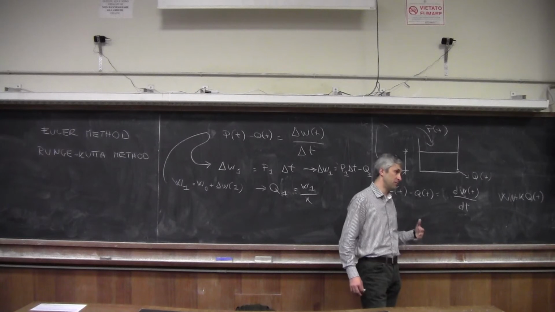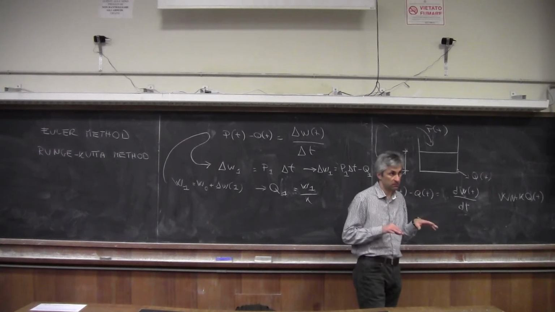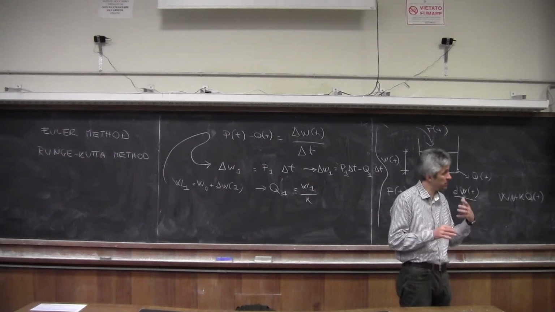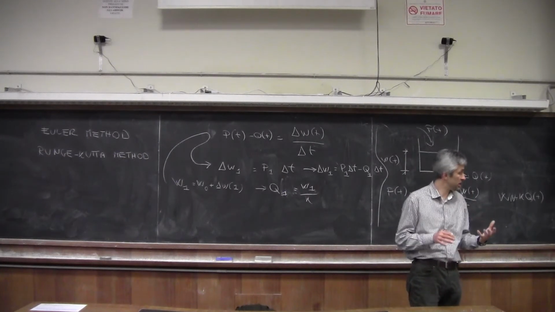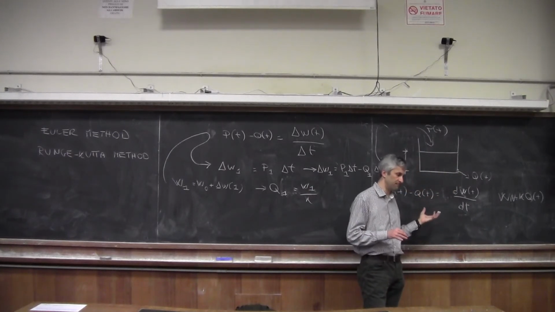And you may ask me, please give us more details when it is convenient, because of course it's also easy to apply the integral by transforming the integral in a summation. So you may ask me when it is convenient. And I would say that in this case you have a very simple situation where the equation can be integrated analytically.